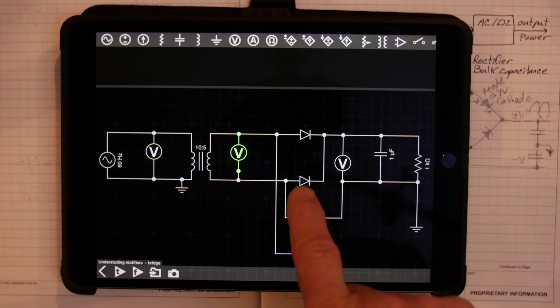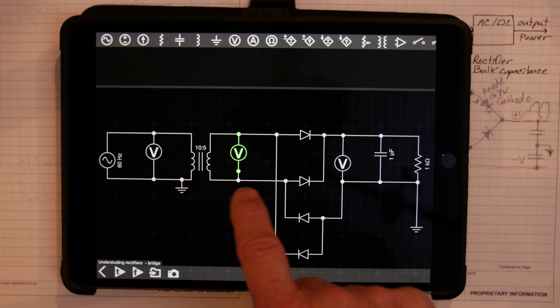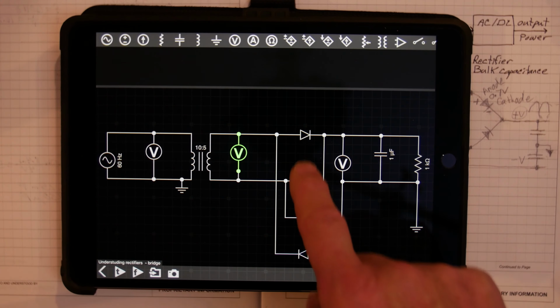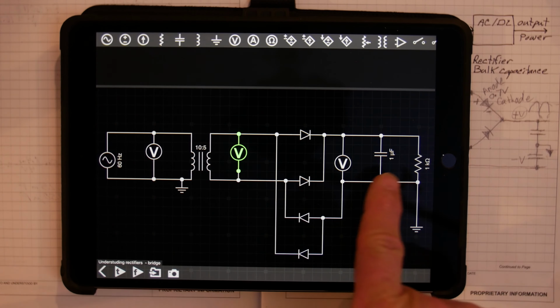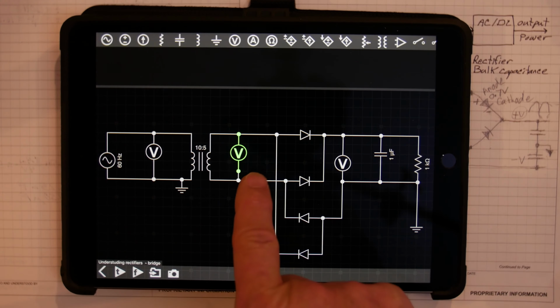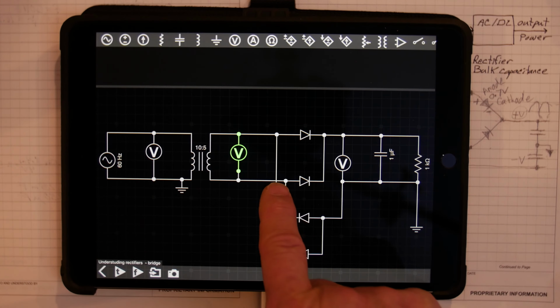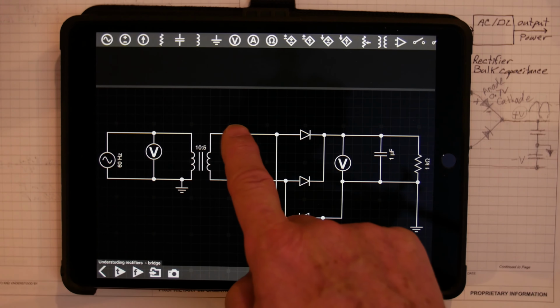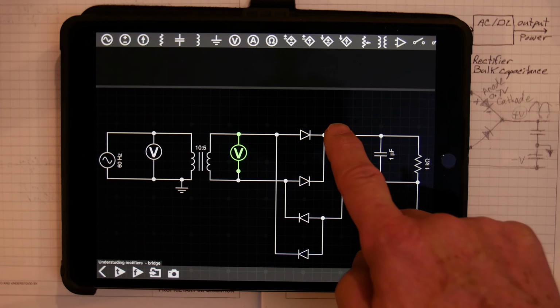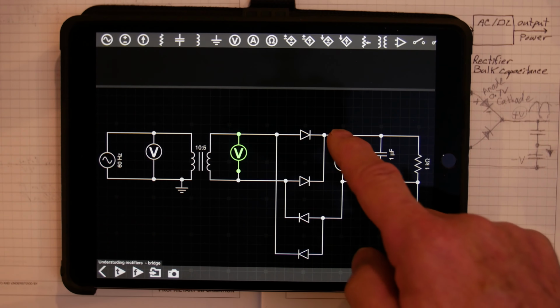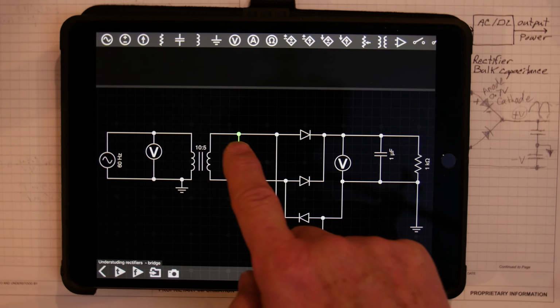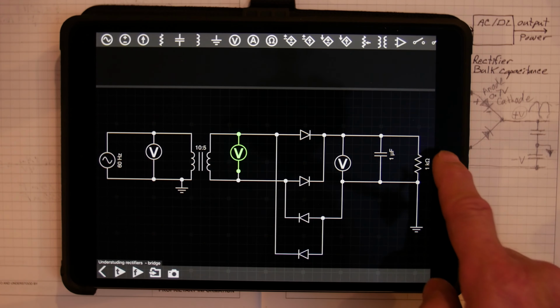So now we have a diode. We have 2 diodes facing this direction. They're tied together. So whenever we get a plus waveform on this side relative to this side, it's going to go this way. Whenever we have a plus on this side, like we did before, it's going to go this way.